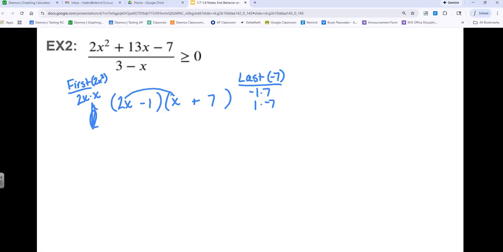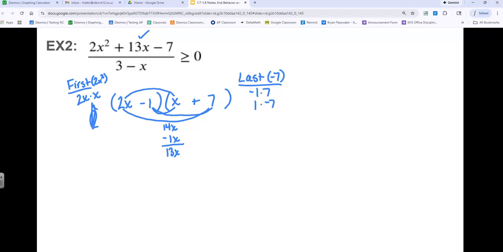So you really only have to check these outside terms. That gives you 14x. And then the inside term is going to be -1x. Oh, I picked the right one, actually. And then that last term, -1 times 7, should give you the -7, right? So +14, -1 gives you 13x, which is what we were going for.